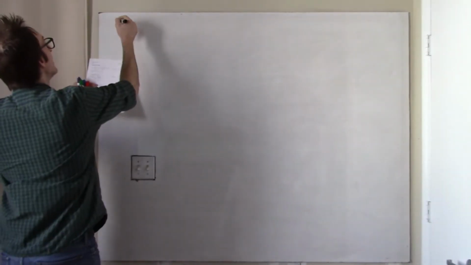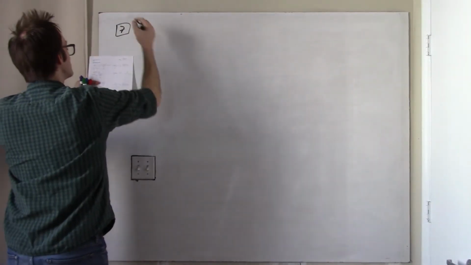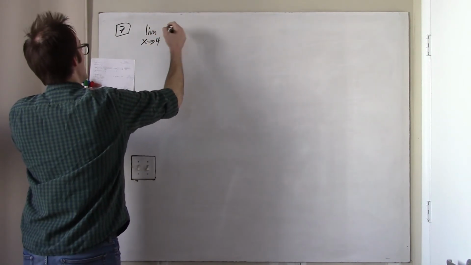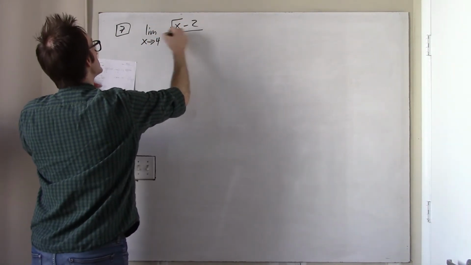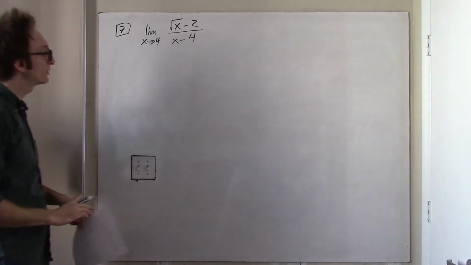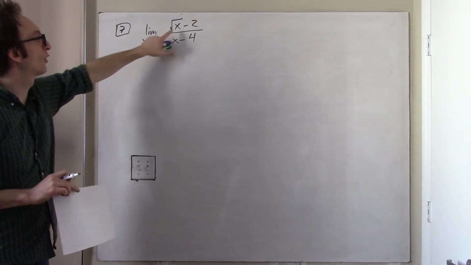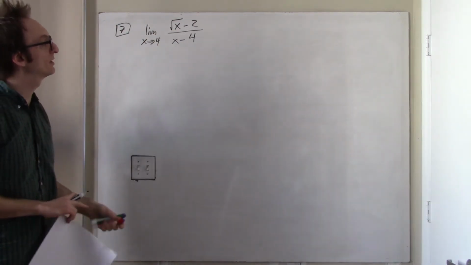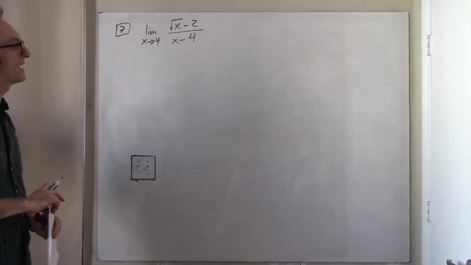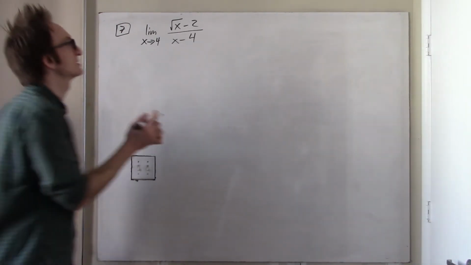Number 7. Well, this is now maybe kind of similar. We're taking the limit as x approaches 4 of (root x minus 2) over (x minus 4). First thing to observe is that if you plug 4 in for x in the numerator, you get 2 minus 2, it's basically 0. And if you plug 4 in for x in the denominator, you also get something which is basically 0.